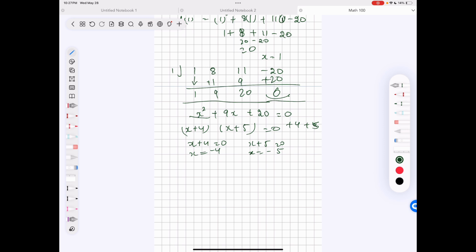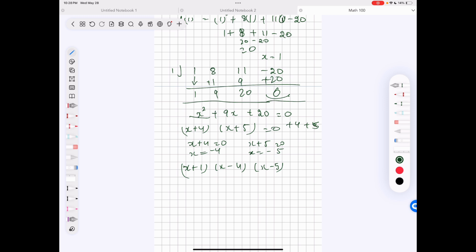Since our polynomial has a degree of 3, we get 3 factors. x minus 1 was the root that we used, and then we got x plus 4 and x plus 5.